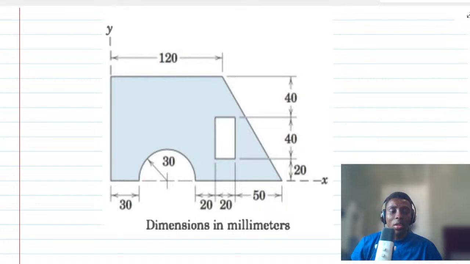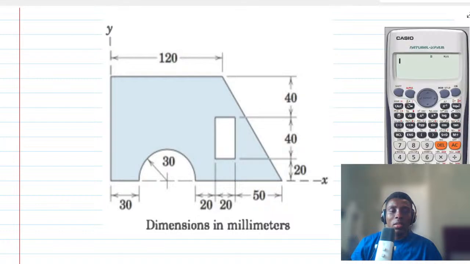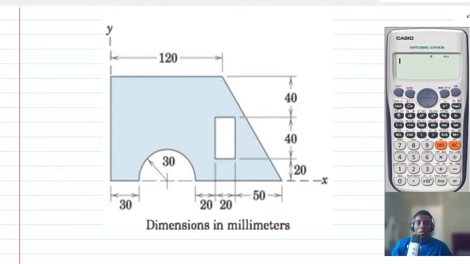Okay. All right. So first of all, you have to divide the area into basic areas.